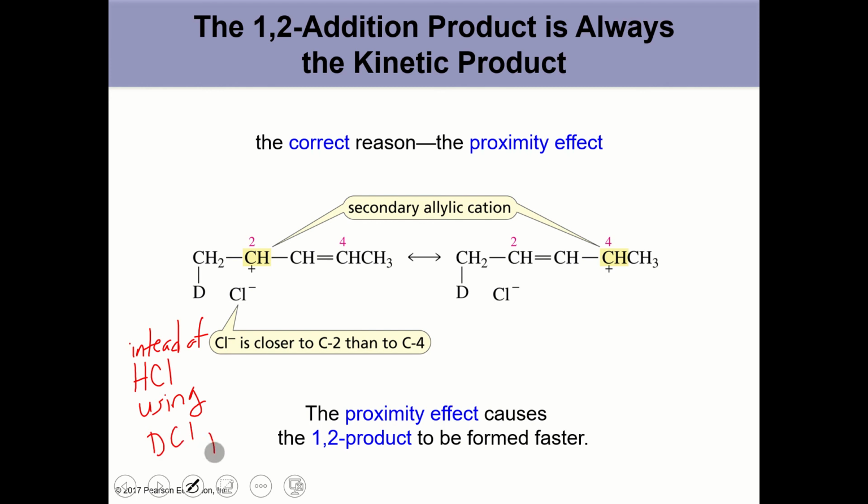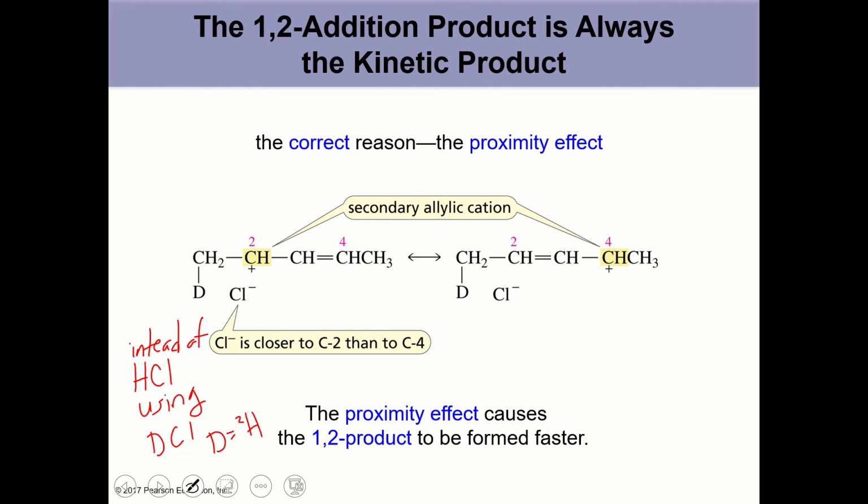And remember that D is equal to a hydrogen with a mass number of 2, which means it has 1 proton and 1 neutron, whereas normal hydrogen, the most common isotope of hydrogen, has a mass number of 1, 1 proton and 0 neutrons.